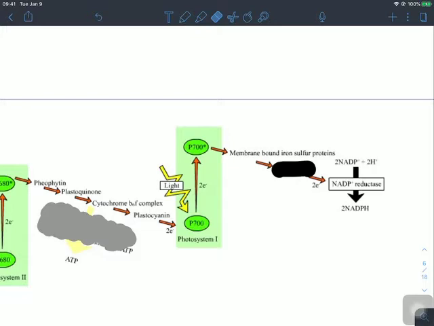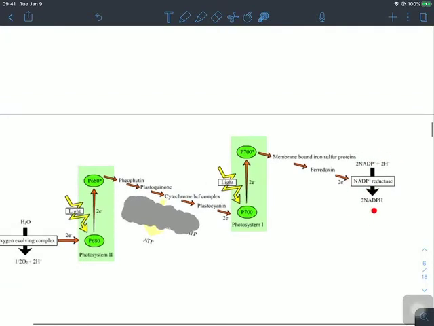They have the membrane-bound iron-sulfur proteins. You know that there's a little bit in between there, the modified chlorophyll A and phylloquinone. Then our iron-sulfur proteins, and then ferredoxin and flavoprotein, with flavoprotein having that NADP plus reductase activity to produce NADPH.